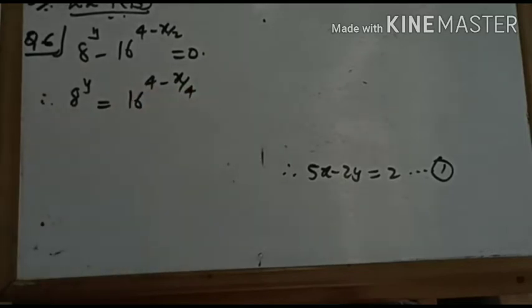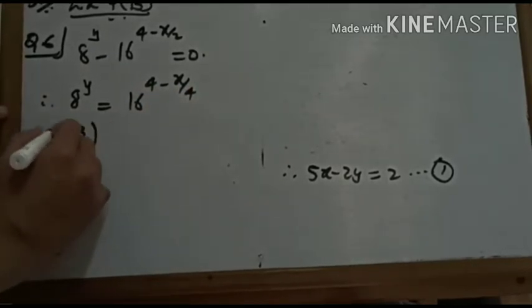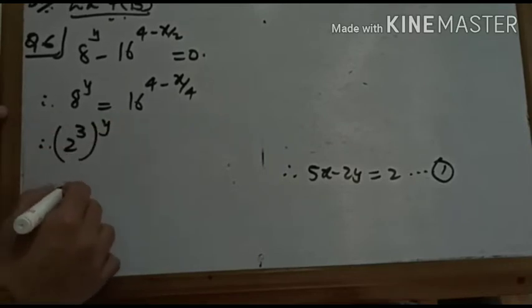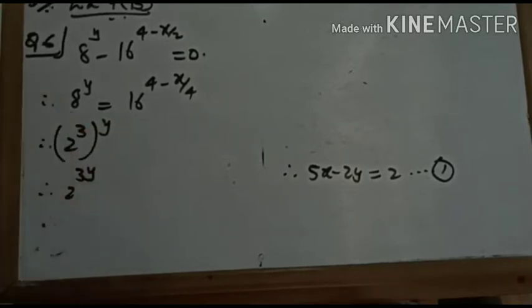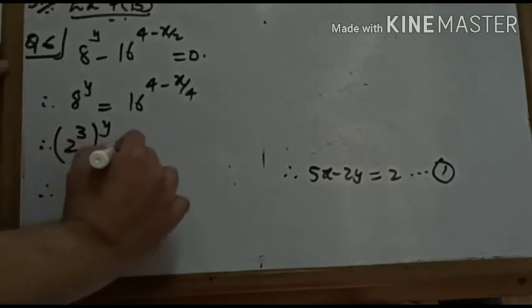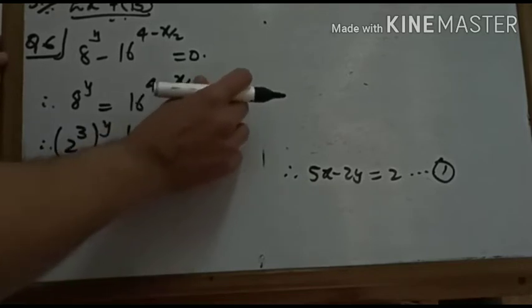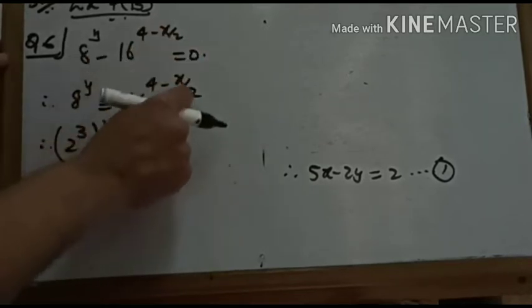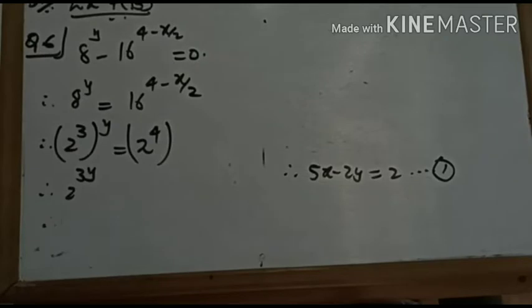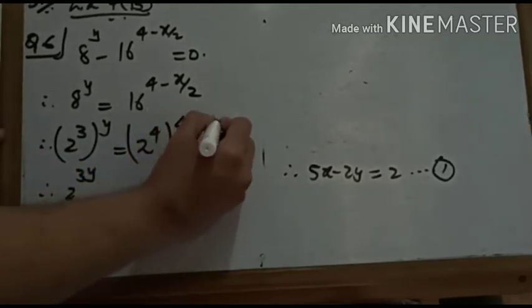Now the bases are not the same, so I'll try to make the bases the same. This is nothing else but (2 cubed) whole raised to y. Therefore this will be 2 raised to 3y. And on the right hand side is (2 raised to 4) whole raised to, I made an error, I'm correcting it, it is x upon 2. So (2 raised to 4) whole raised to (4 minus x) upon 2.